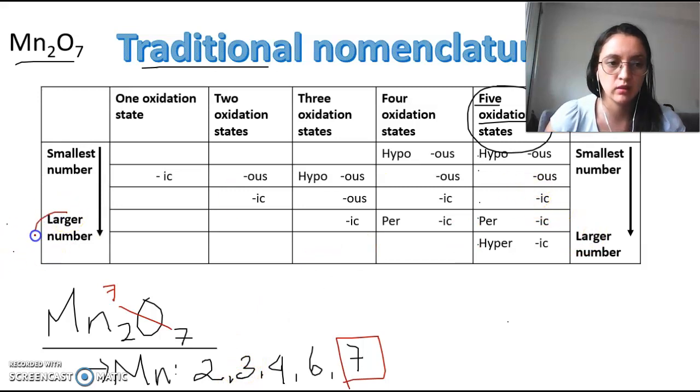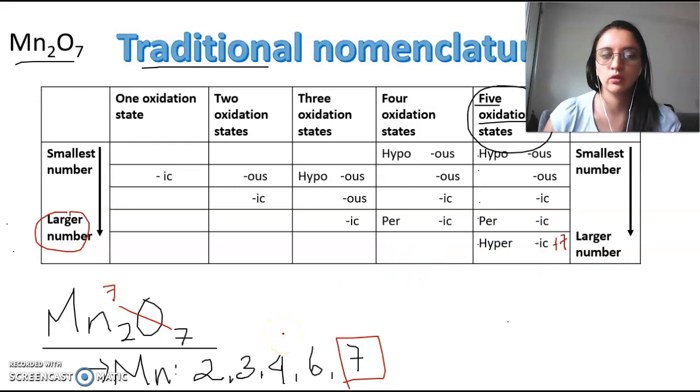Which means in here I'm using the largest number of all, and therefore I will have to use these last prefixes and suffixes. These are the ones that are going to be needed for +7. I don't have to do this, but I'm going to show you how it works for the other ones.